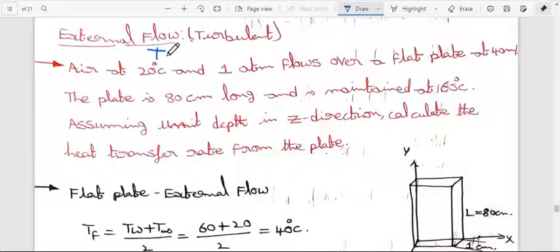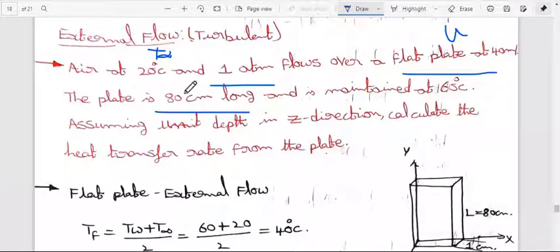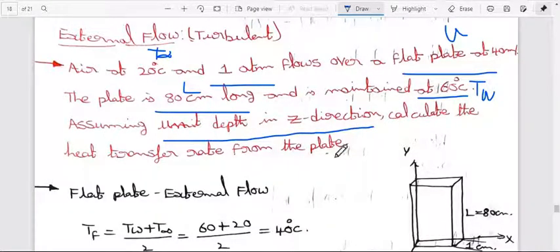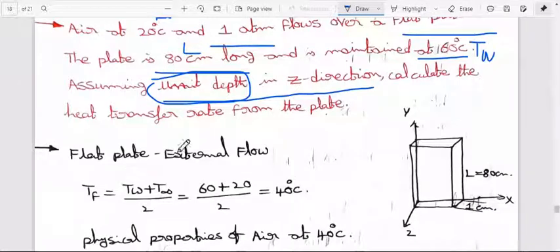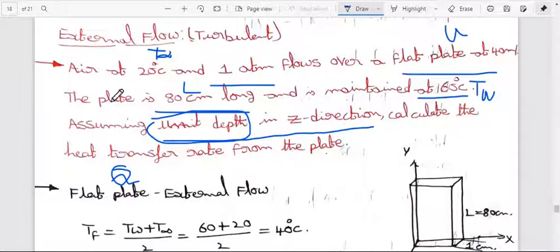So this is the T infinity value. 1 atmosphere flow over a flat plate. Velocity is equal to 40 meters per second. The plate is 80 centimeters long. L value is given, and it is maintained at 60 degrees, that means wall temperature. Assuming unit depth in Z direction, calculate the heat transfer rate. That means Q value. How can you calculate the heat transfer rate from this question?